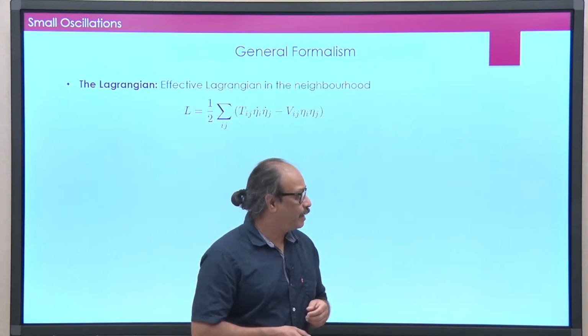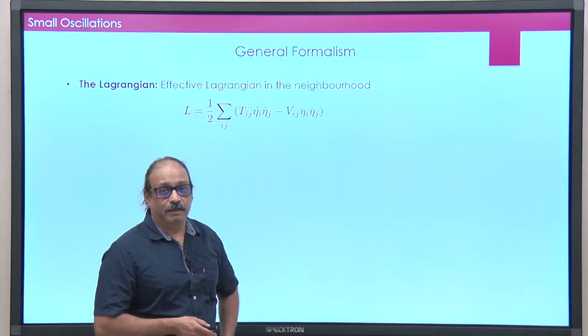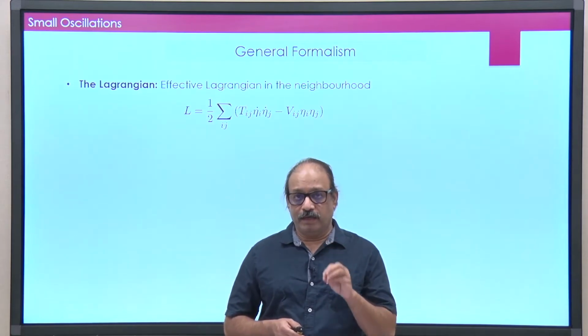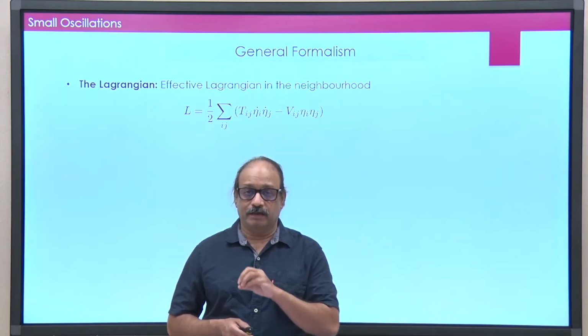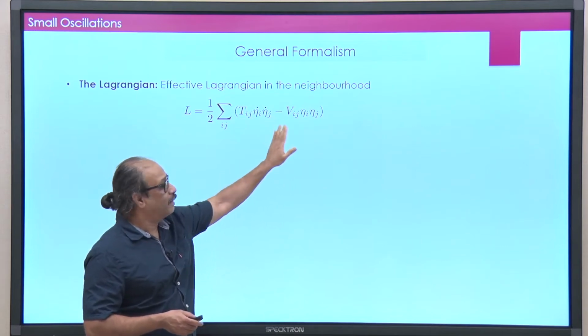V_ij and T_ij are found by approximating the original Hamiltonian, so that you only have numbers in T_ij and V_ij. So, basically there are no coordinates in T_ij and V_ij.